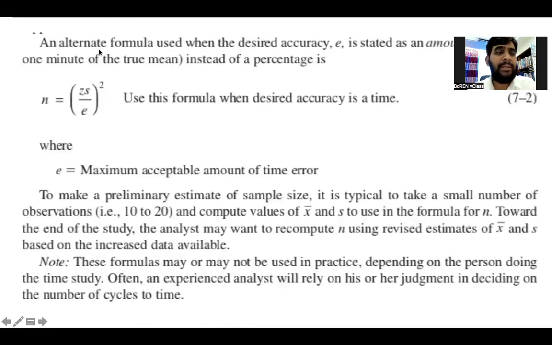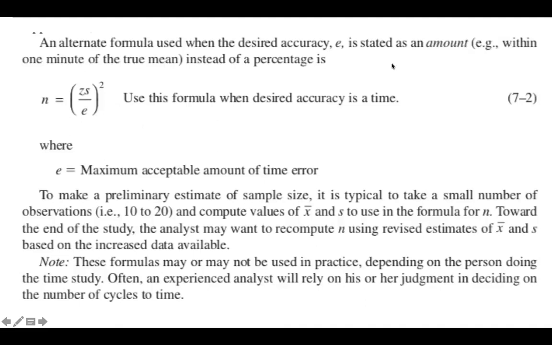If it is an alternate formula, it means that when the accuracy is not in percentage, it is an amount. Say, for example, the accuracy is 5, not 5%, just 5.